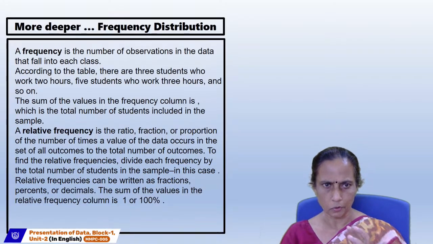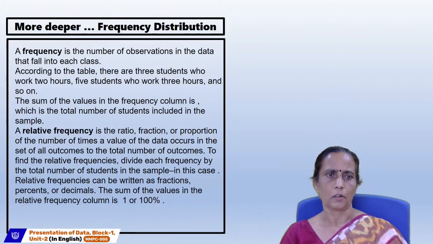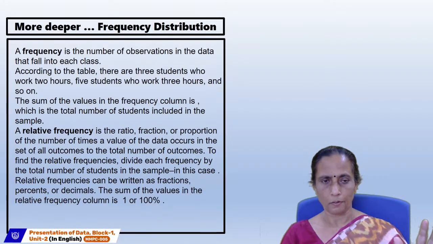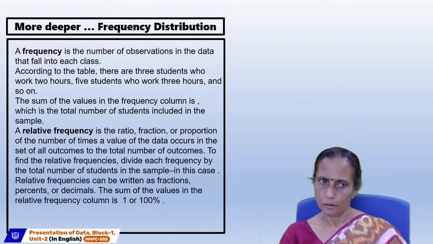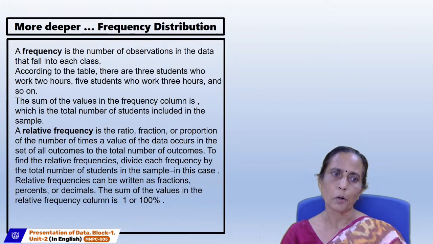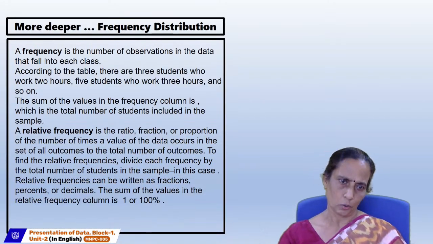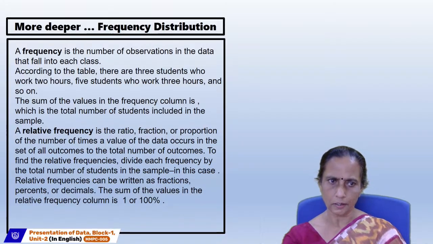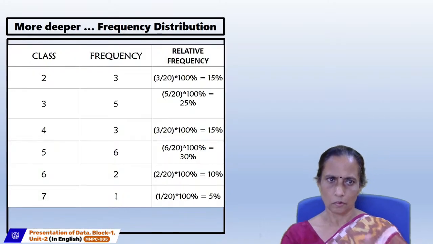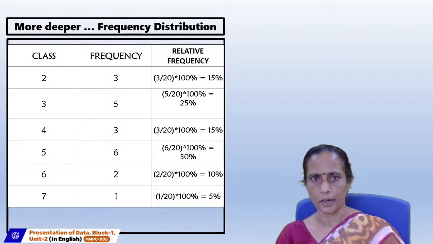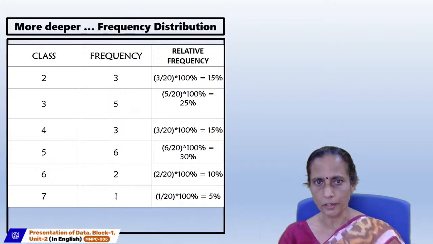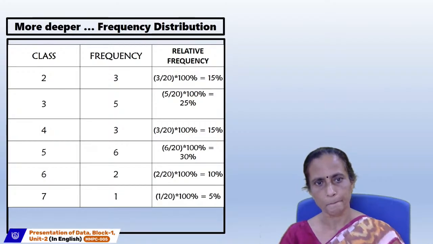That is, 20 students responded to our question of the number of hours they are putting in per day. The number of students who responded that they are putting in 2 hours a day is 3. So the relative frequency of this is 3 by 20 into 100, that is 15%.